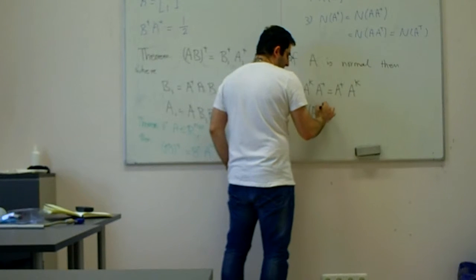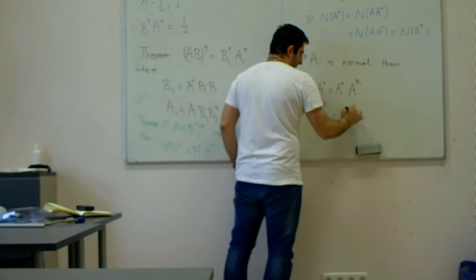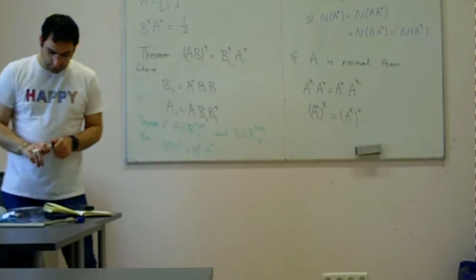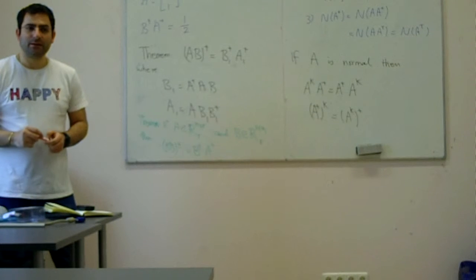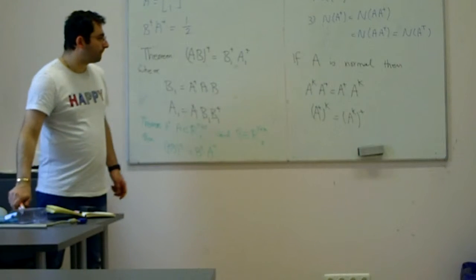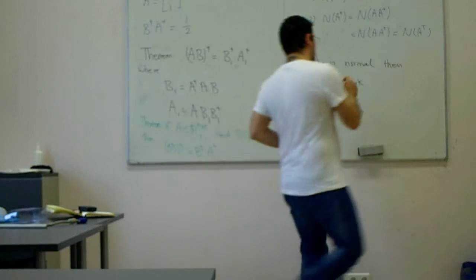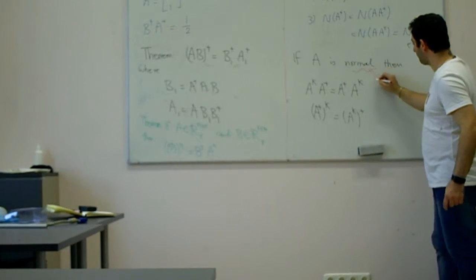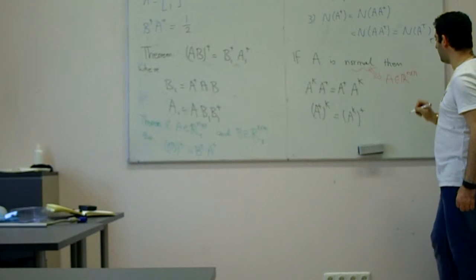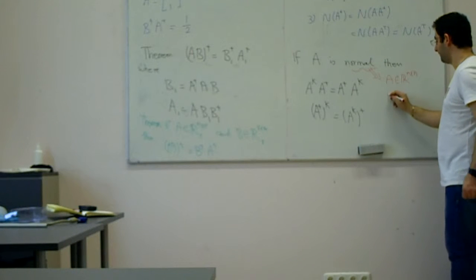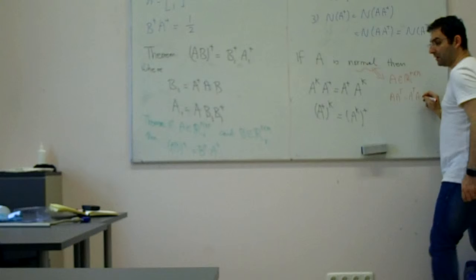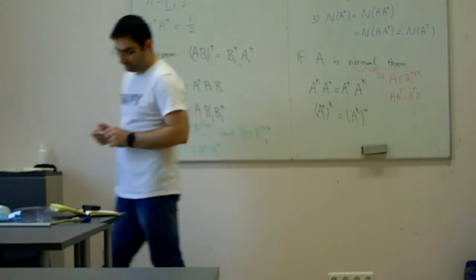And the pseudo-inverse of A to the power k is equal to the pseudo-inverse of A to the power k. What does it mean if A is normal? It means that if A belongs to R n by n, A transpose A is equal to A A transpose.